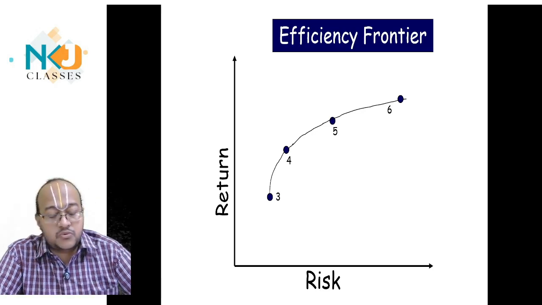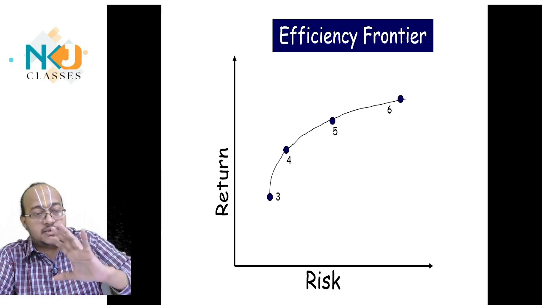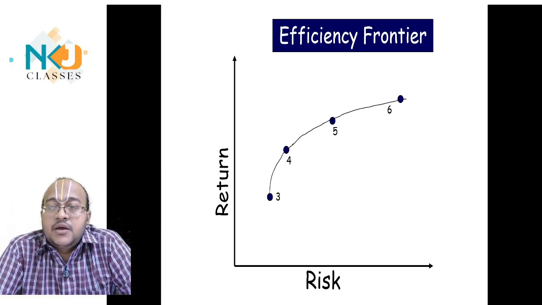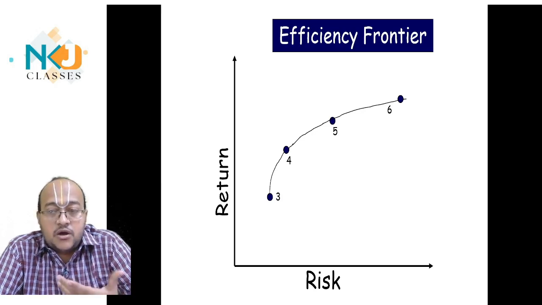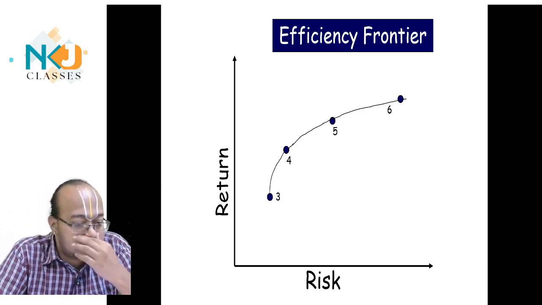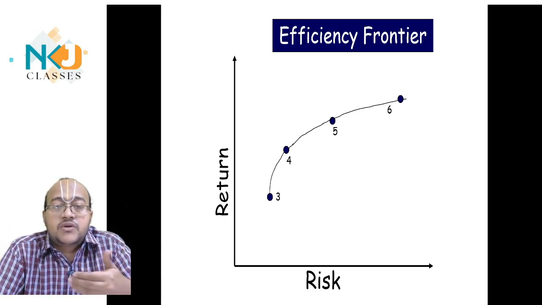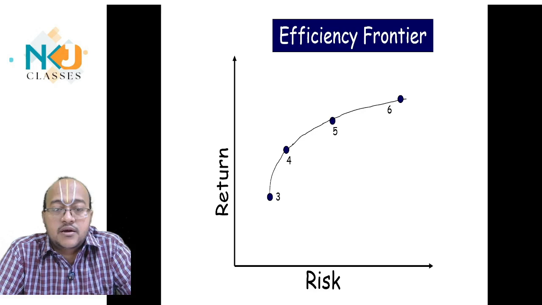To understand risk perception, I will tell you one example. Some years back, or we can simply say in our house itself, if you go to our dad and say we are going to invest in the equity market, or ask them to invest their funds in the share market, will they agree?